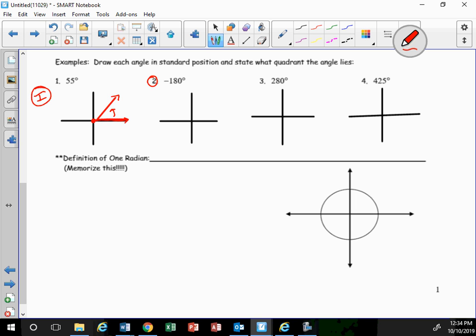All right, I want you guys to try to graph 3 and 4 for me. Once you sketch them, check with your neighbor, make sure you guys agree.